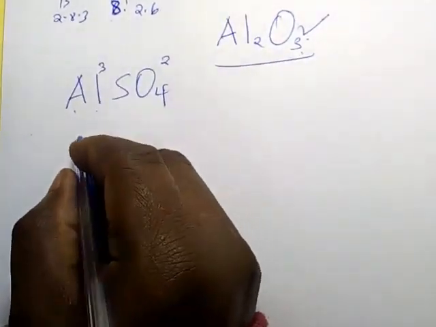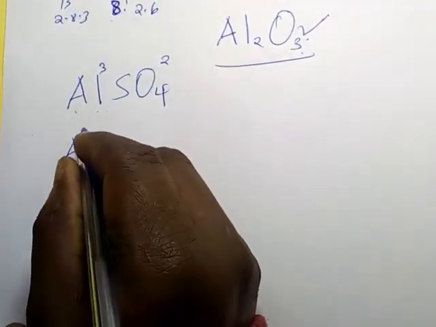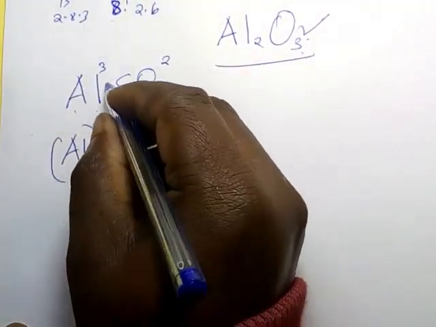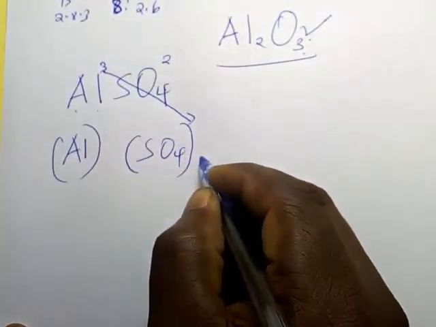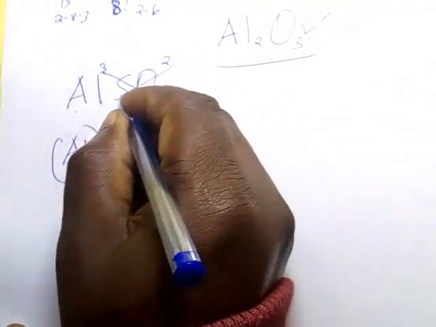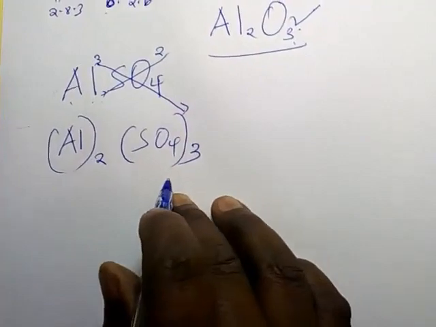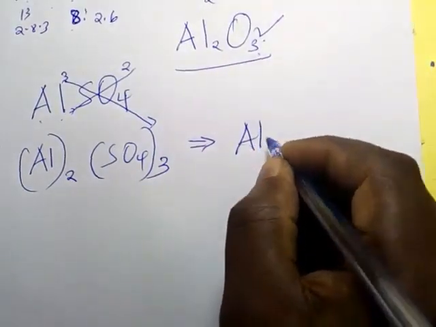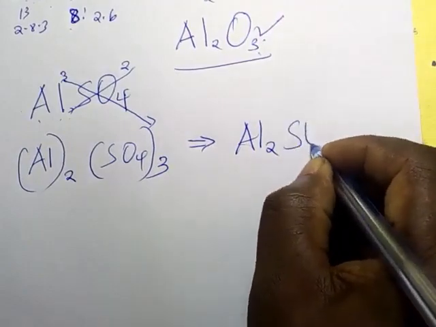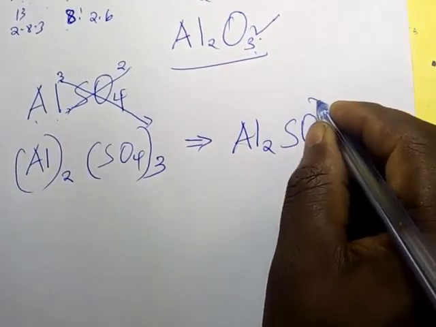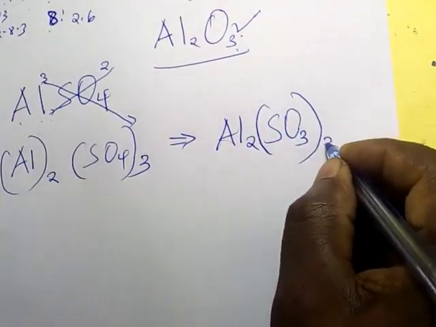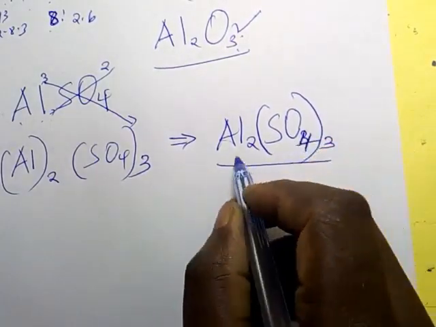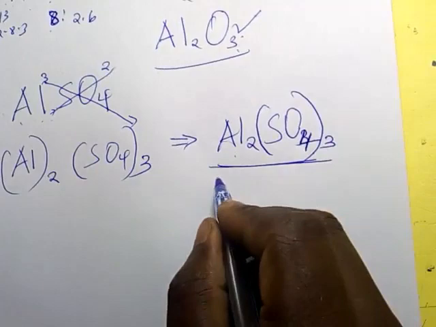So what happens is that the aluminium and the sulfate interchange. This one comes here, 3, and this one comes here, 2. So the correct formula for aluminium sulfate is aluminium 2, sulfate in a bracket, 3, and this is the 4. Aluminium sulfate is written as that.